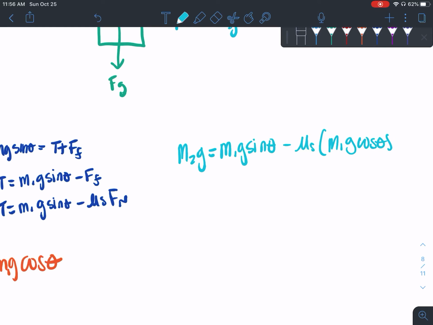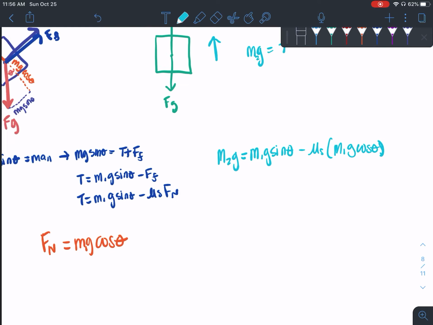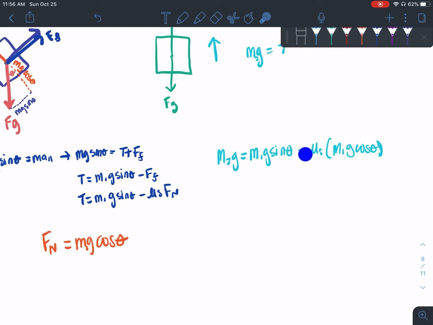I don't know why I put two parentheses there. Okay, so you notice that the only thing that is truly different here is that this became a minus sign. We had to do all this work to show that, but otherwise it's the same type of math. So we're going to cancel those g's out. We get m2 is equal to m1 times sine theta minus mu s cosine theta.